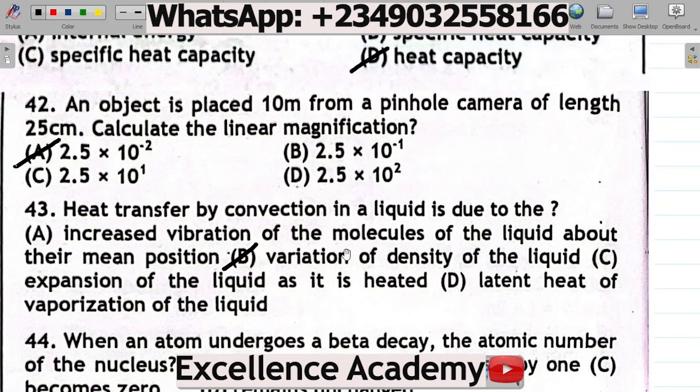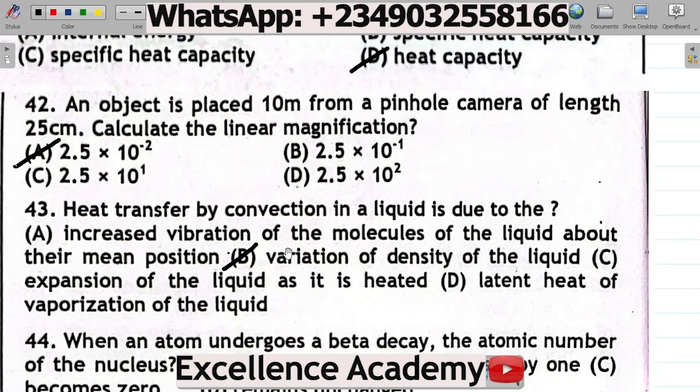Now, here's something you need to know. Convection in liquids happens because warm liquid becomes less dense and hence rises, while cold liquid sinks. So due to this difference in the density of warm liquid and colder liquid, convection takes place.